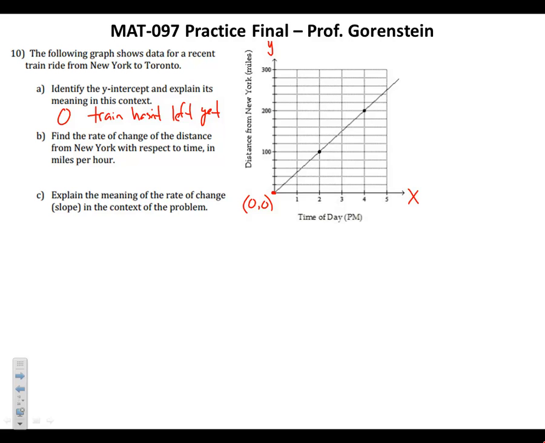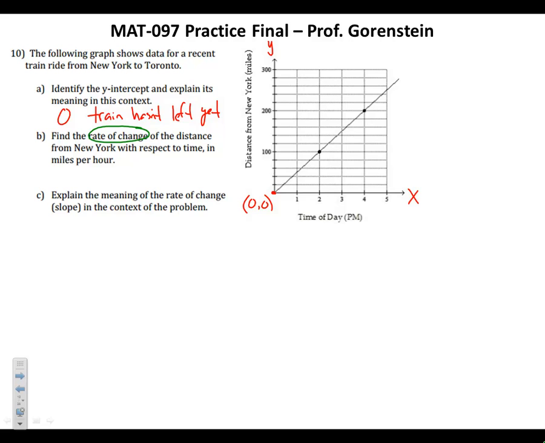In part B, find the rate of change of the distance with respect to time in miles per hour. So distance is on the y-axis, time is on the x-axis. The rate of change means the slope. So in the context of a word problem, the slope will usually be referred to as the rate of change.